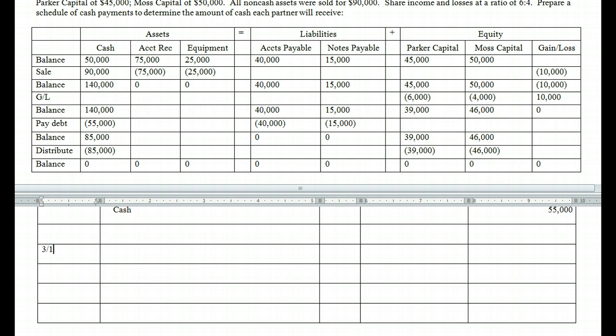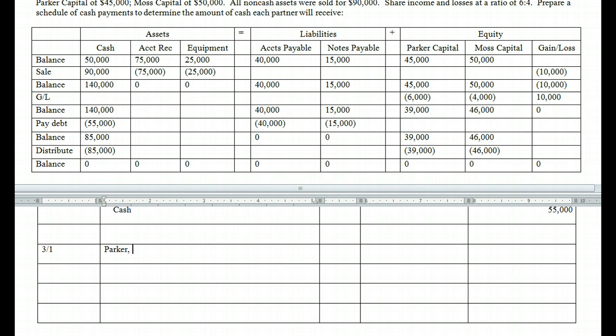So then next, March 1st, we went in and we distributed the remaining asset. Now this is where we actually allocate the cash out. We're removing the cash from the company and we're sending that out to our individual partners. So that means our cash is going down, and that's an 85,000 decrease, so that's going to be our credit. And then both of our capital accounts are zeroing out. So in order to remove capital there, again, we need to debit that account.